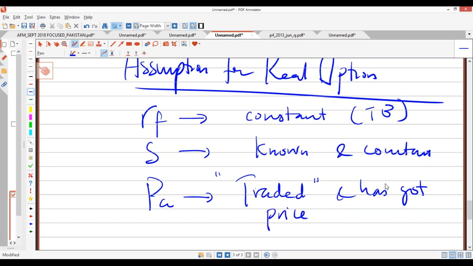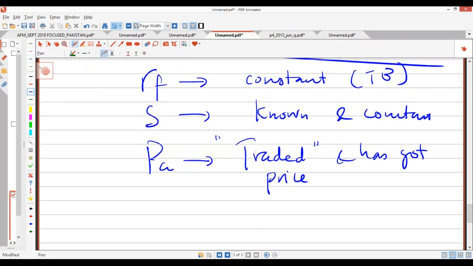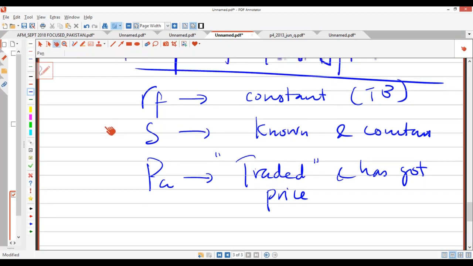Only shares are traded, but Black-Scholes assumes that projects are traded and have got share price movements. Then only you can do this particular calculation. For PE, no assumptions. We'll talk about that one for put options later.